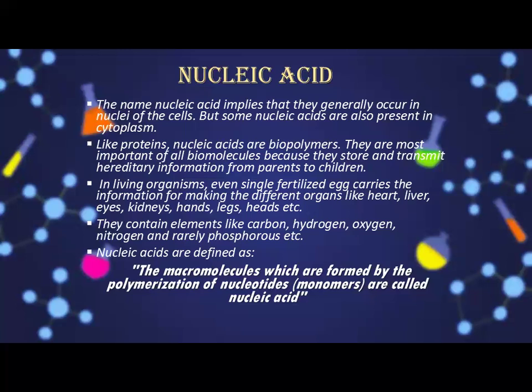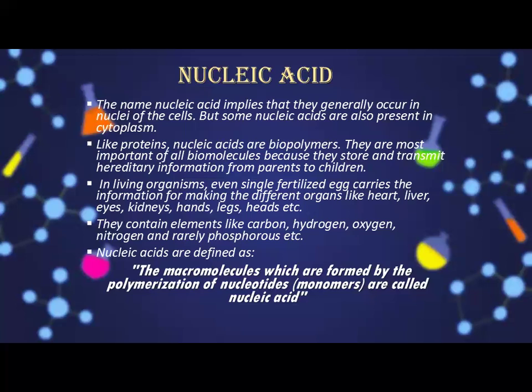What is hereditary information? The information that we receive from our parents at our birth is called hereditary factors. So nucleic acid is responsible for the hereditary factors to be transmitted or stored from the parents towards the children.